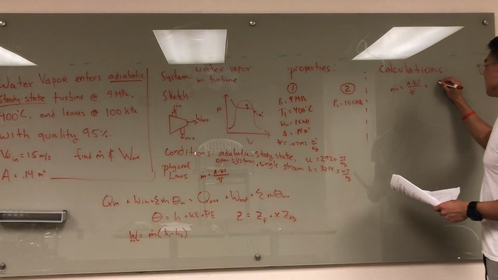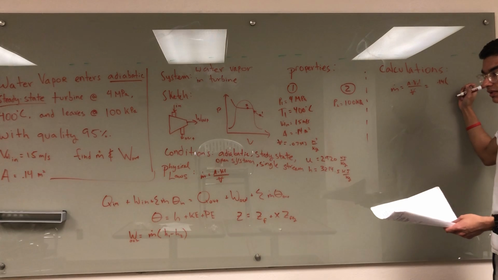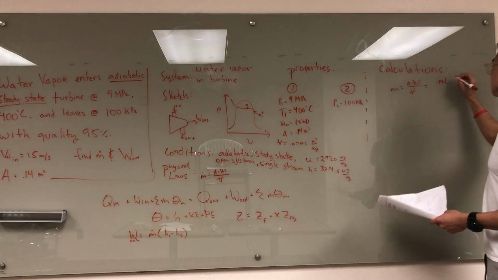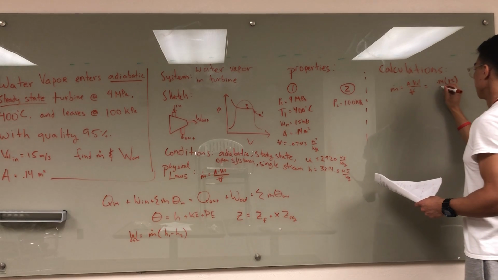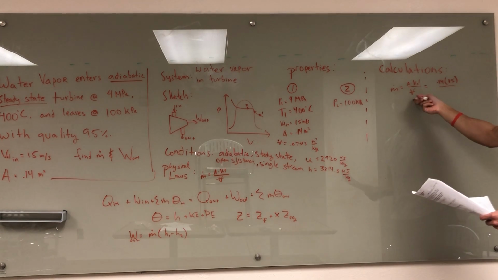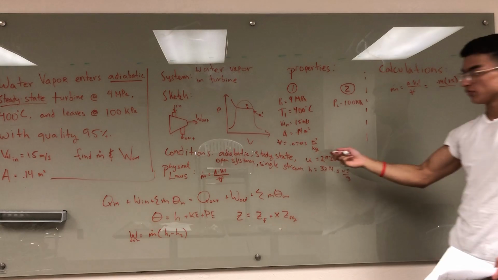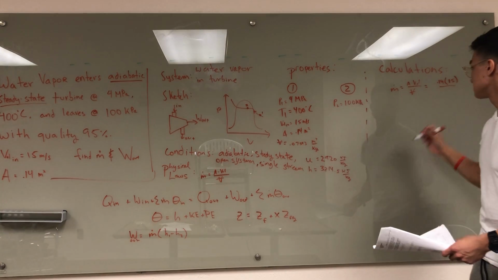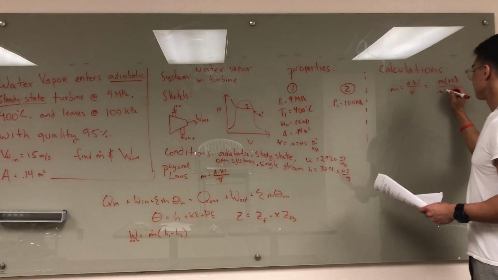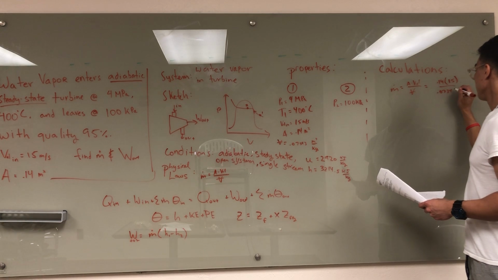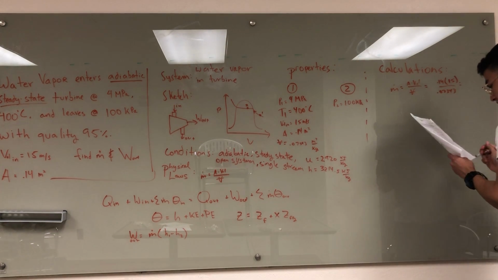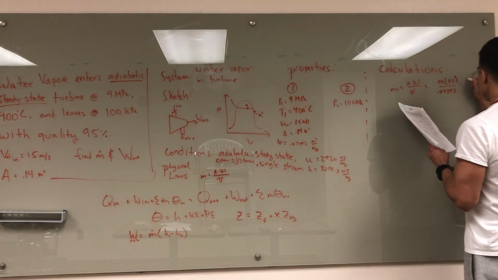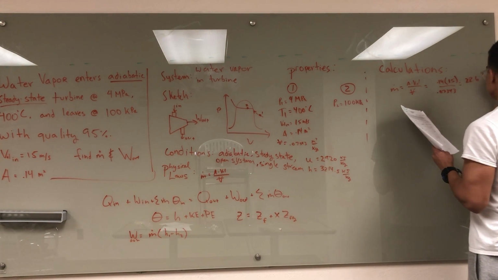So 0.14 times the velocity. What was the velocity? 15, and that's also meters per second. And then all over your v, the specific volume, which we got from our tables, 0.07343. So if you crunch these numbers real quick, you're going to get that the mass flow rate is 28.6.